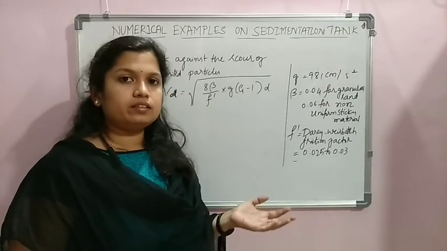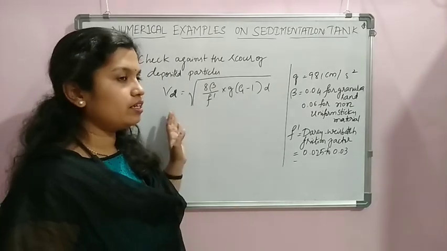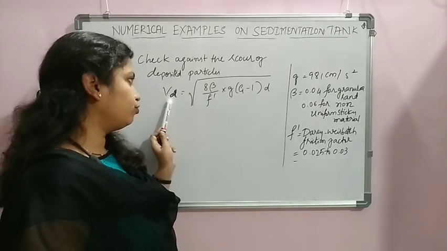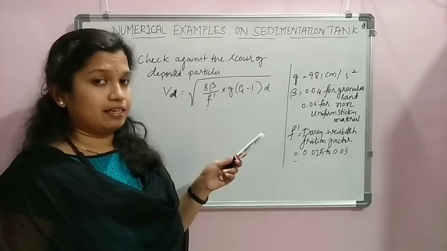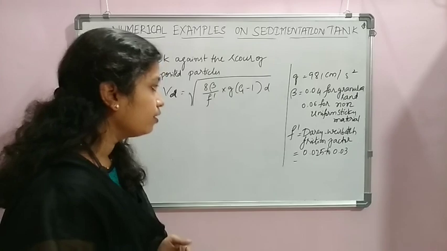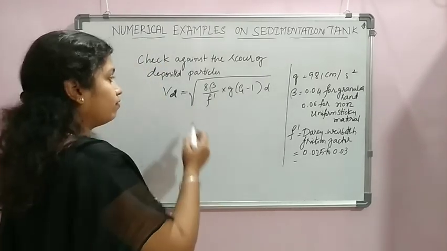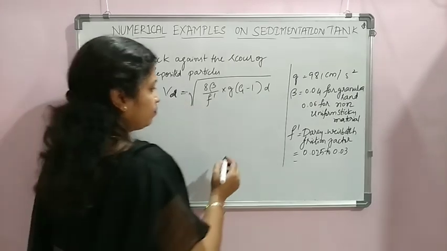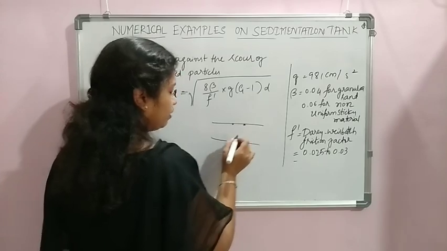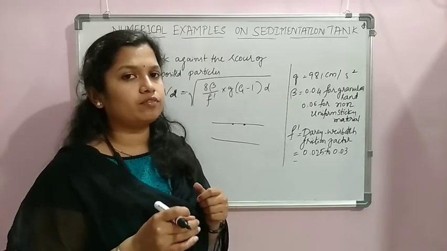After finding the settling velocity and the flow velocity, the next thing we are finding is the velocity in order to check the scour of the deposited particles. Here we will be finding the value for the scour velocity. What is the need of finding the scour velocity? Whenever we find this value, if the velocity of the flow exceeds the value that comes with Vd, then the particles will scour the material, that is, scratches will be found inside the pipe, which is actually the scouring action on the material.